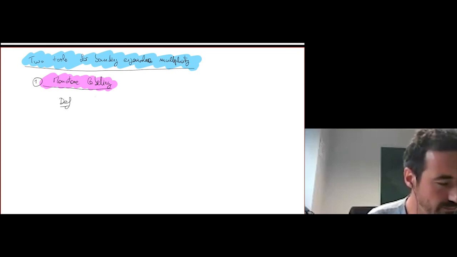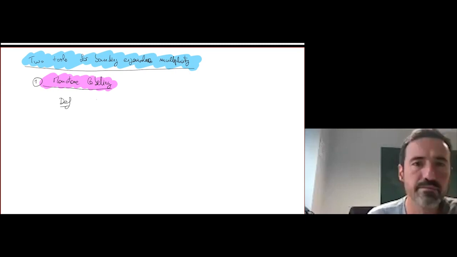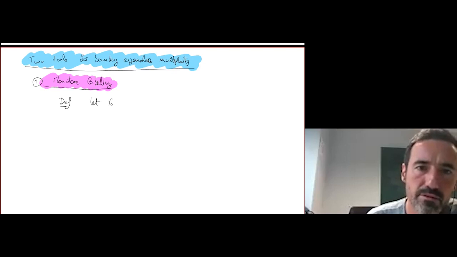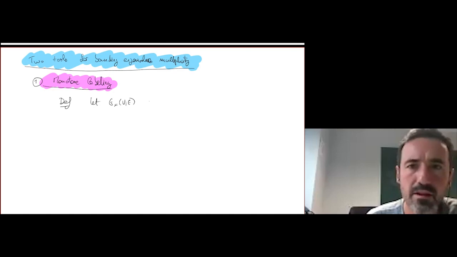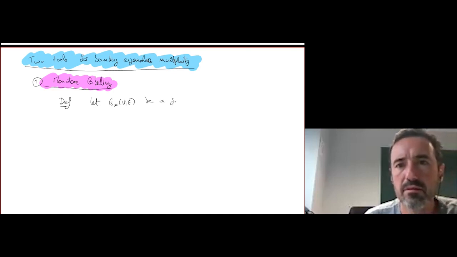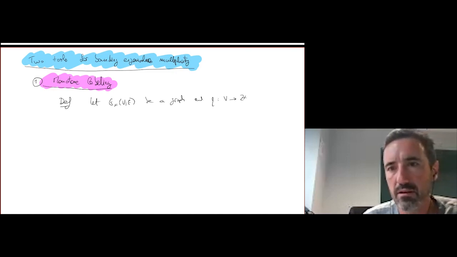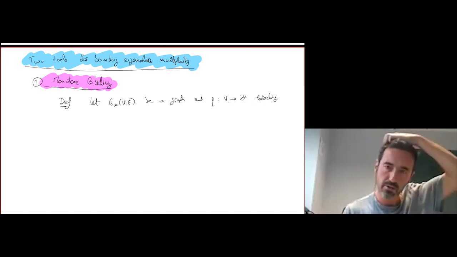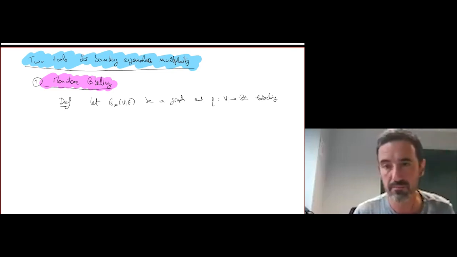A labeling is simply, we take G to be a graph, not necessarily finite, and a labeling eta is simply a function from the vertex set to the integers. So you just give a number to each vertex.